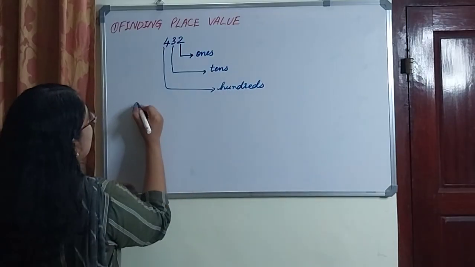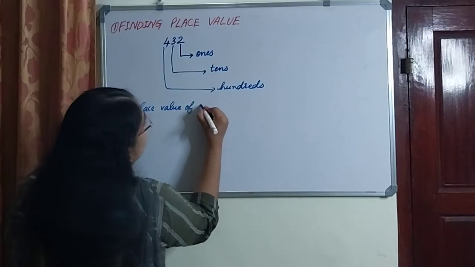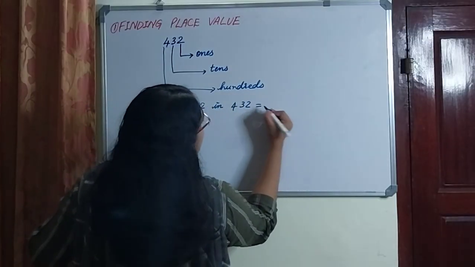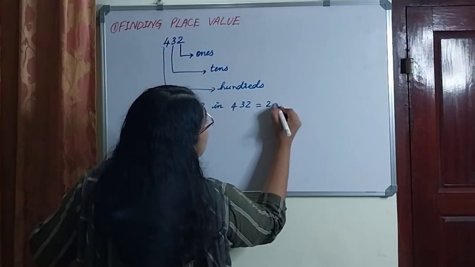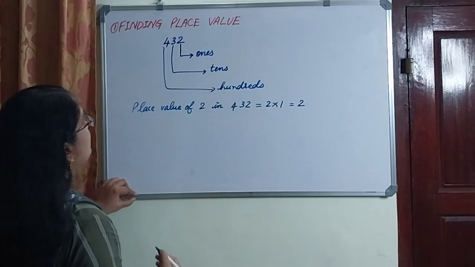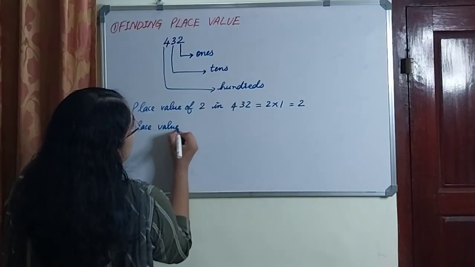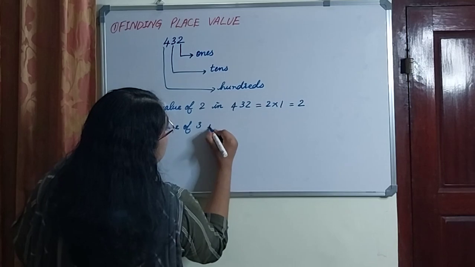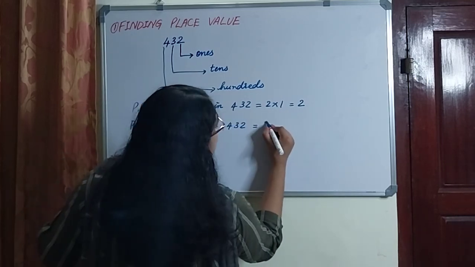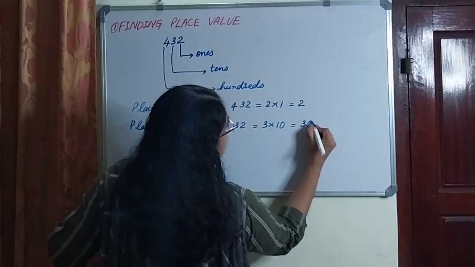So the place value of 2 in 432 equals 2 into 1, which is equal to 2. Next, the place value of 3 in 432 equals 3 into tens, 10, that is 30.